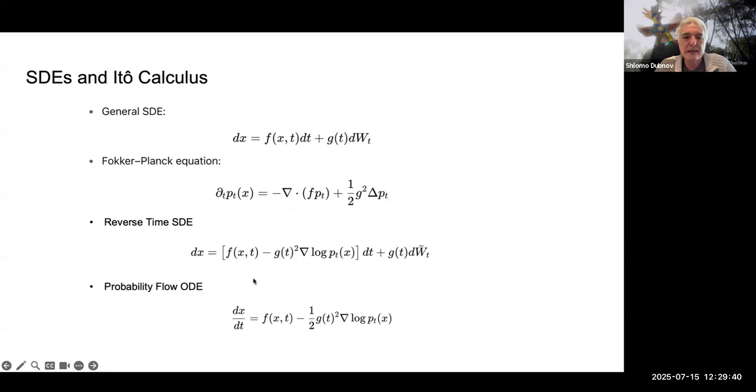noise. But if you repeat the same logic of the Fokker-Planck equations, but you don't go back with the noise, you don't have this extra half factor. So you have this ODE reversal, which is slightly different. So you see, we have two versions here. Okay, one is going back with a random process, a stochastic process, and this is what DDPM does.